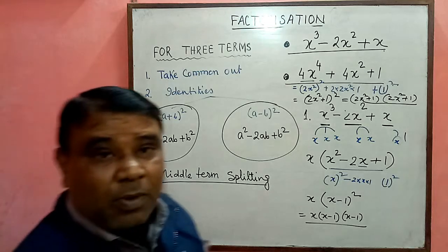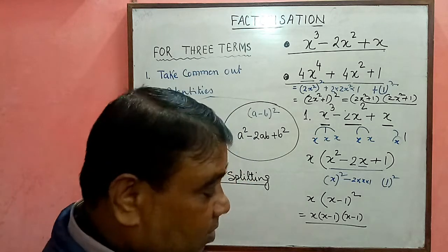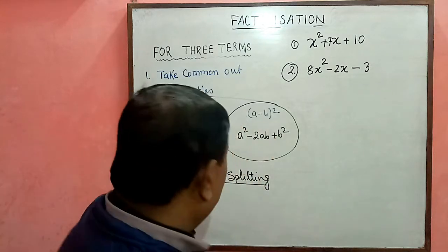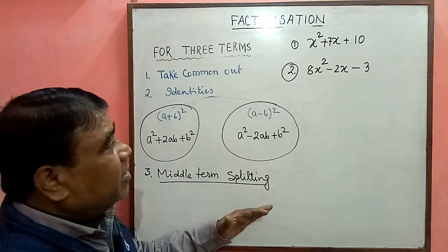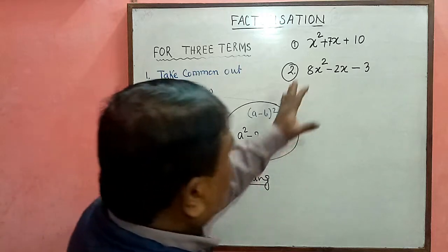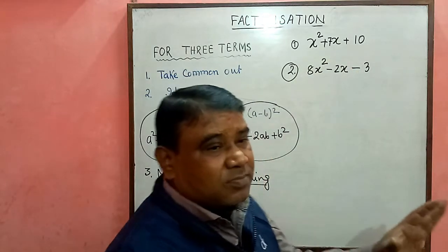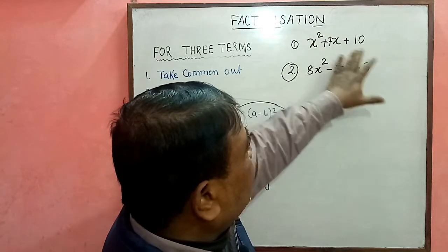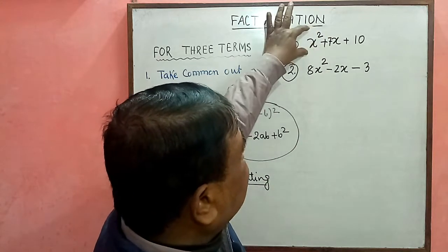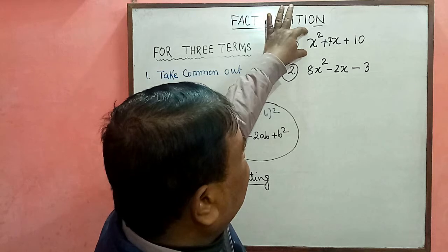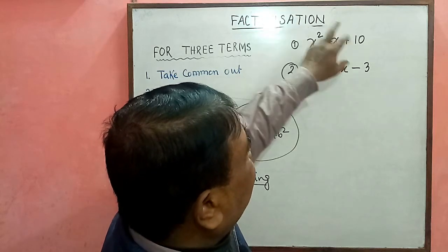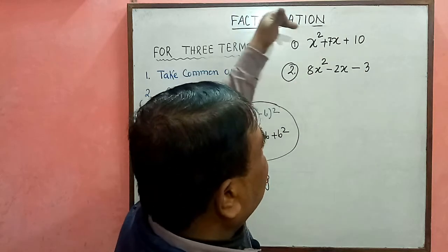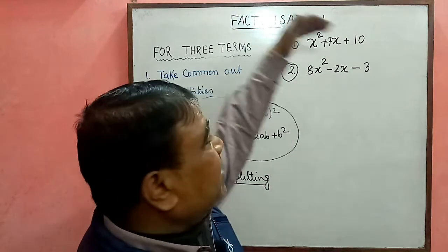Now I will discuss the middle term splitting factor. For three terms, the last one is middle term splitting. First of all, you have to arrange systematically, like the square term will be first, then the first power. This will be in reducing power, or you may say descending power.